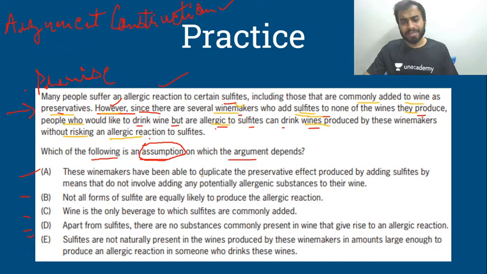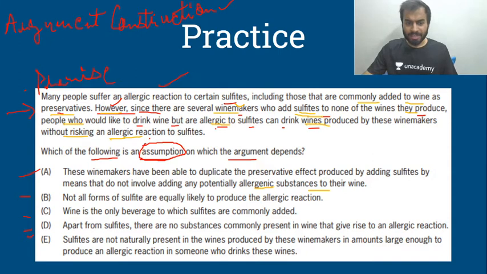These winemakers have been able to duplicate the preservative effect produced by adding sulfites by means that do not involve adding any potentially allergenic substance to their wine. Okay, now what are they saying? If we have to negate this, negating, one minute, right?